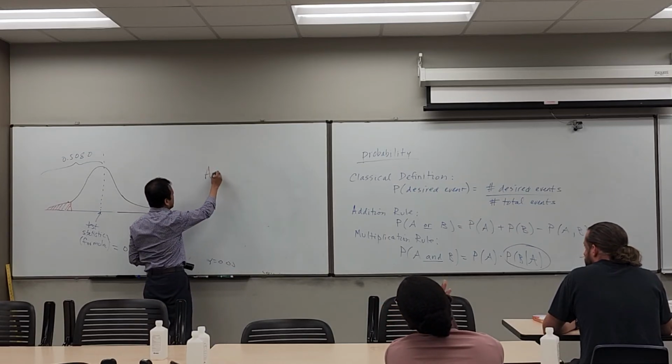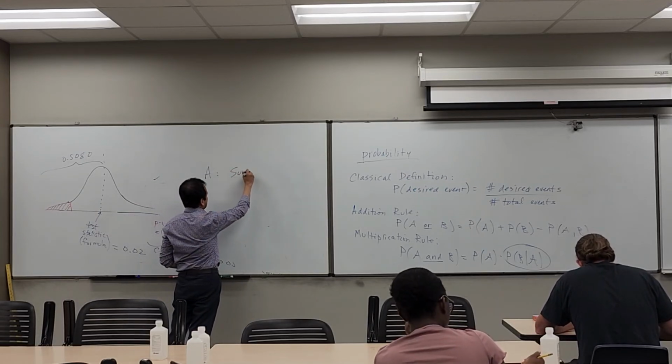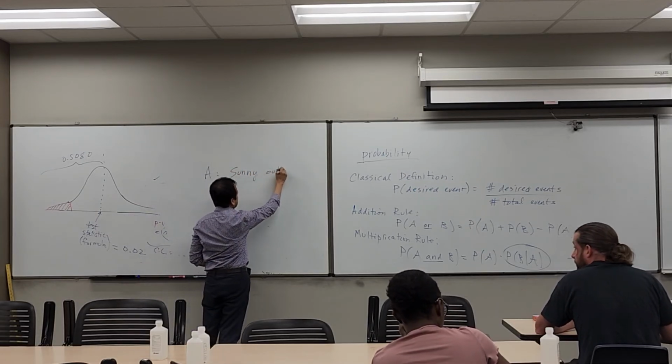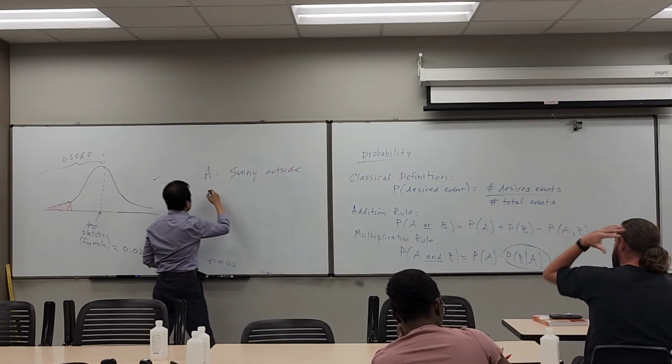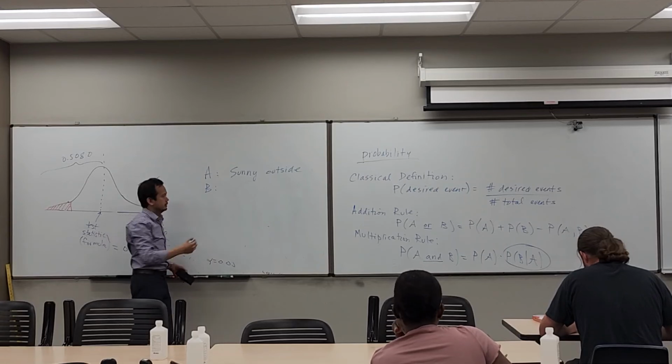So let's say event A here is that it's sunny outside. And let's say event B is that there's currently people at the beach.